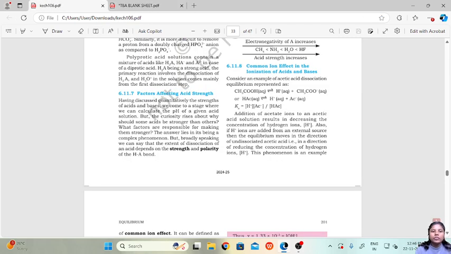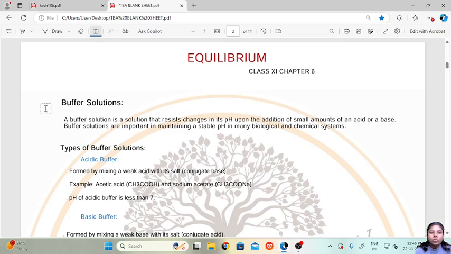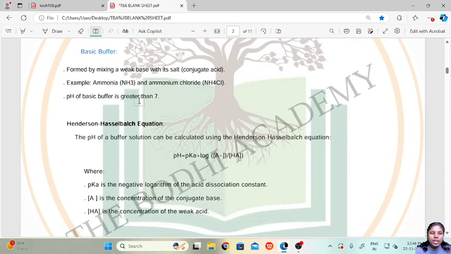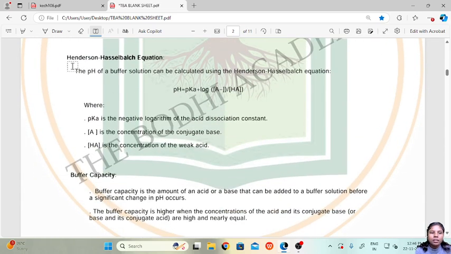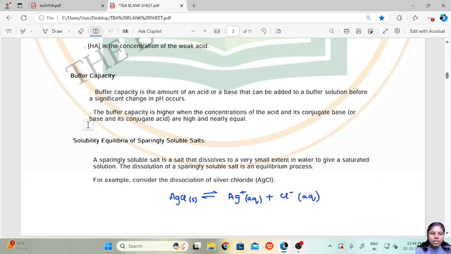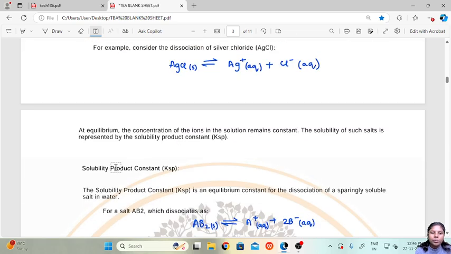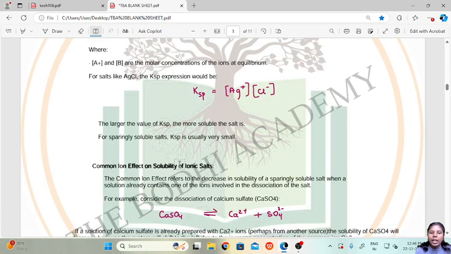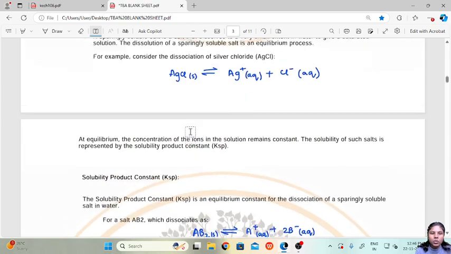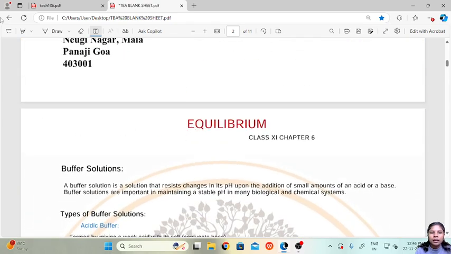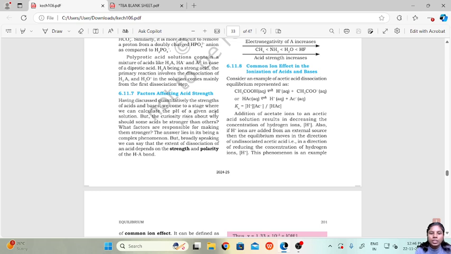Here we will talk majorly about the factors that affect the acidic strength, then some of the common ion effect in the ionization of acids and bases, then we will move to the buffer solution, then its types, then we will know something about the Henderson-Hasselbalch equation, the buffer capacity, solubility equilibrium of sparingly soluble salts and solubility product constants, and the common ion effect on solubility of ionic salts. So these are the last topics that we are going to cover in this chapter.